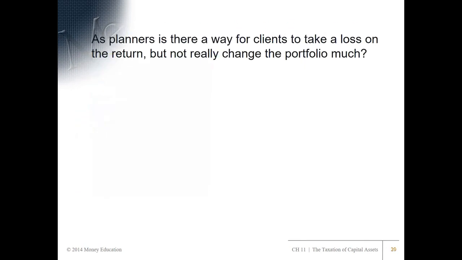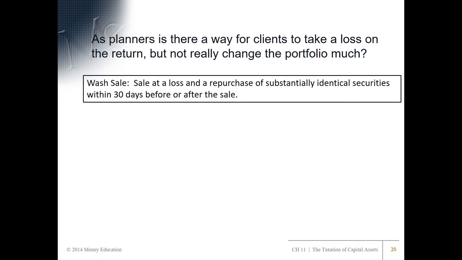Now, we asked the question when we went over wash sales in an earlier chapter, as planners, is there a way for clients to take a loss on the return but not really change the portfolio much? Well, sure, because the wash sale definition is a sale at a loss and repurchase of substantially identical securities within 30 days before or after the sale.